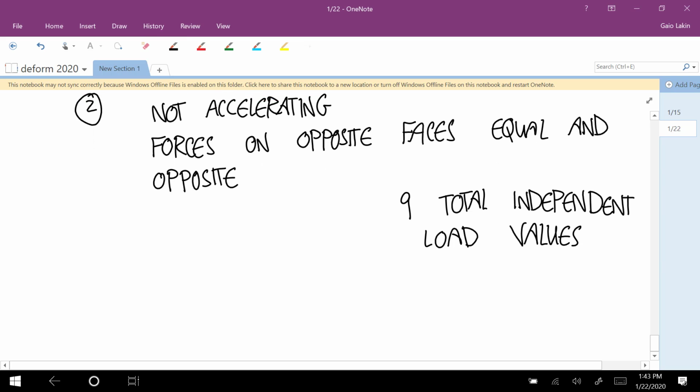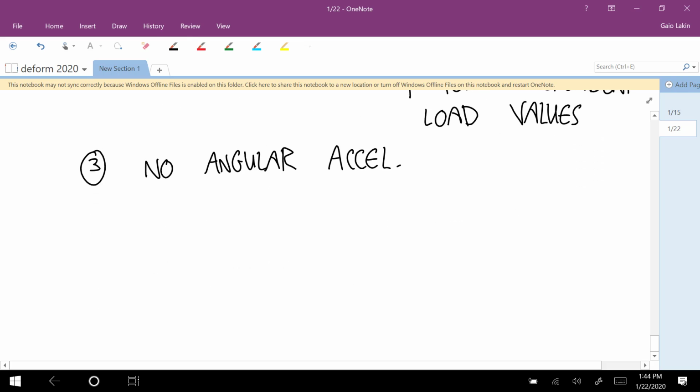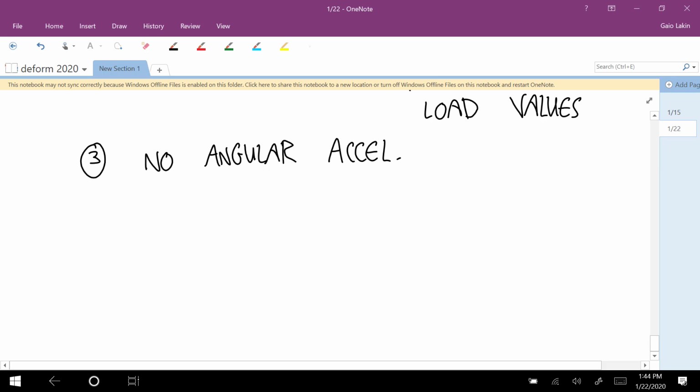And then the last thing is it also has no angular acceleration. And that requires that if you're looking straight on any face, any force along the surface like this, well, we already figured out that the opposite has to be that. But that would be producing an angular acceleration, right?